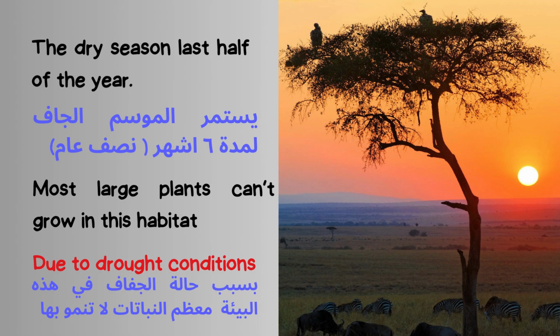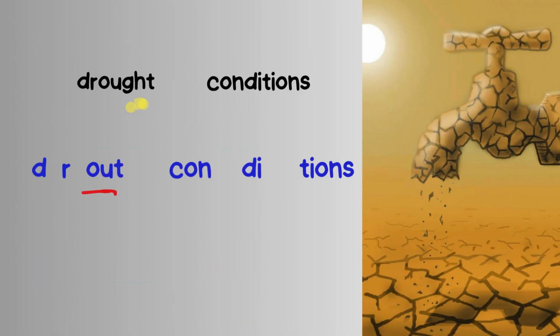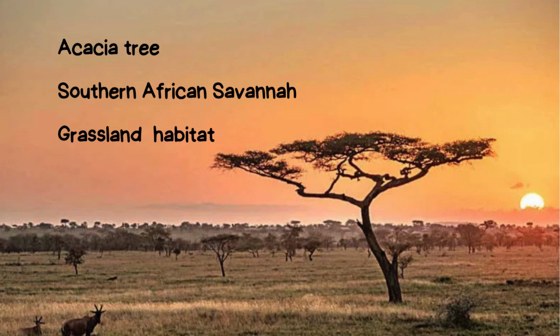The answer is simply due to the drought conditions. As you see here, these are the words drought conditions. And I want you to know that we have GH here in the word drought that we don't pronounce. So we have the R and then out, drought. Okay. So the acacia tree grows in the southern African savanna, which is a grassland habitat, and it is characterized by the drought condition.